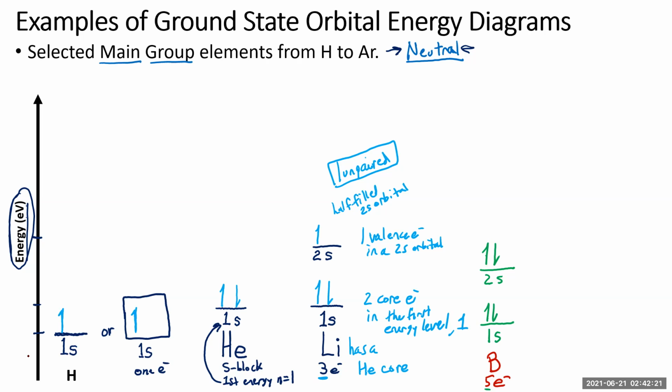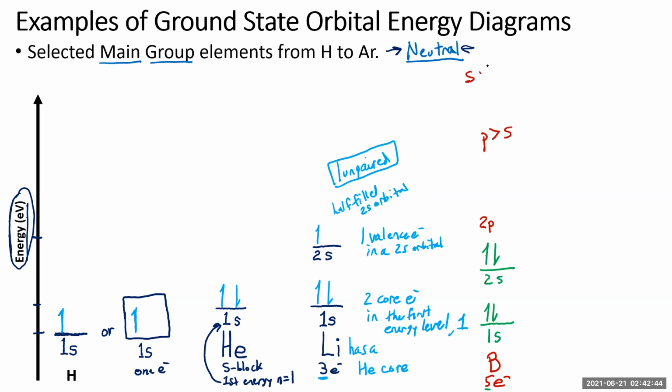Okay, now we are still in the same energy level. Nevertheless, I'm going to draw the 2p orbitals, the subshell, higher in energy. Why? Remember what I said, even though the energy level might be the same between the 2s and the 2p, p orbitals are always higher in energy than s orbitals.